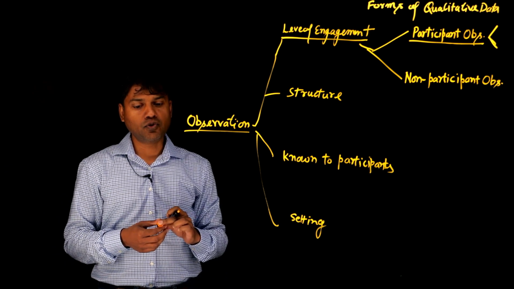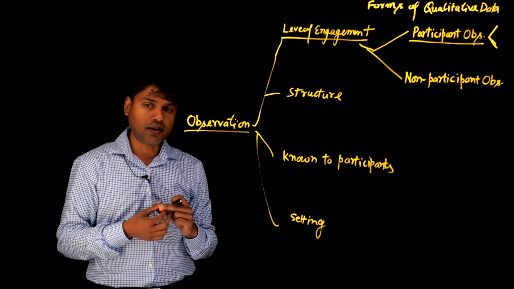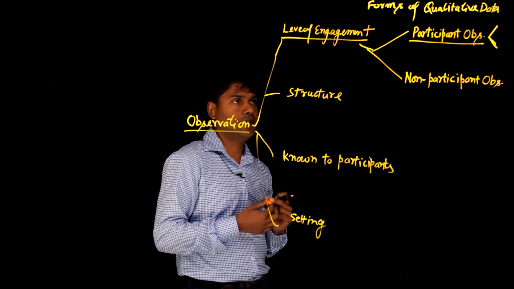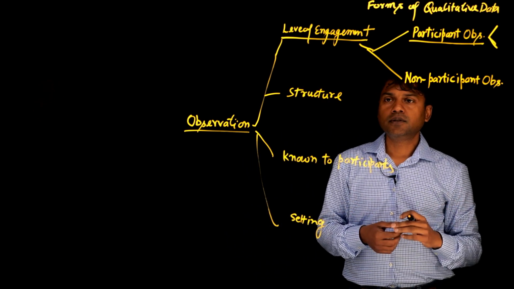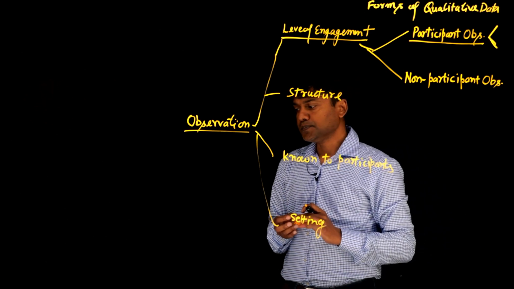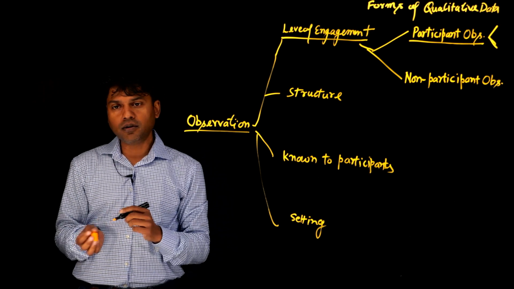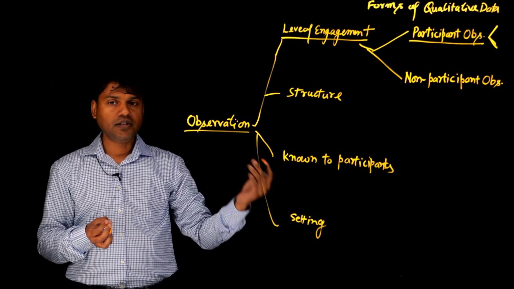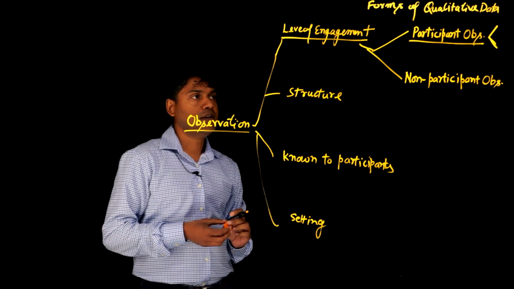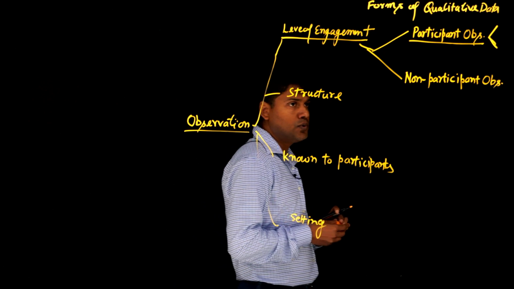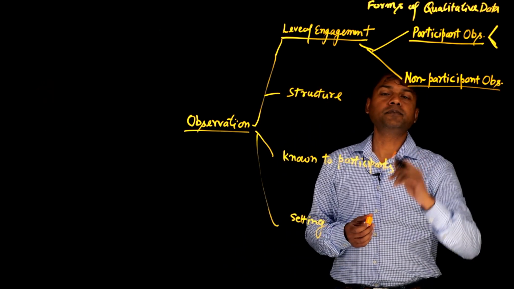Taking the same classroom example, as a qualitative researcher, I can go and sit in the corner of the room and just observe what students are doing. The teacher and the students are doing their work or activity, and I'm writing my observation notes. I'm engaged in my observation. So this is called non-participant observation.